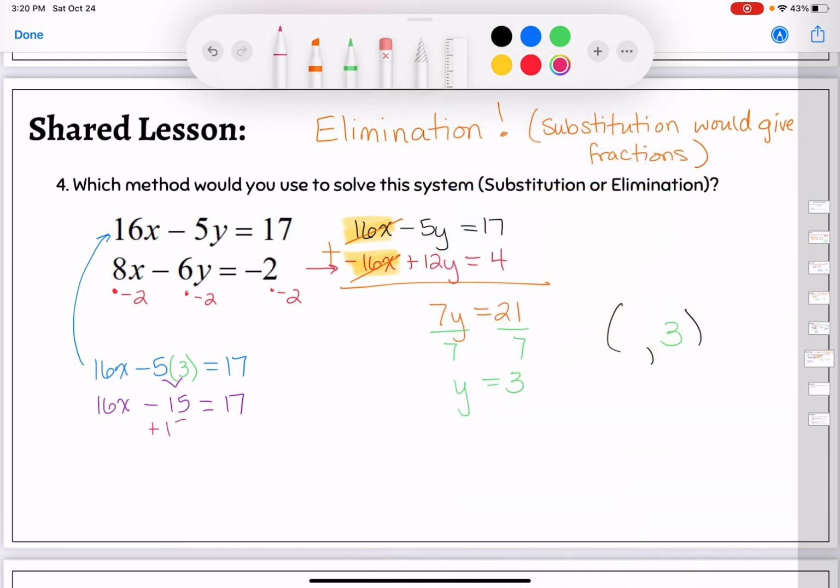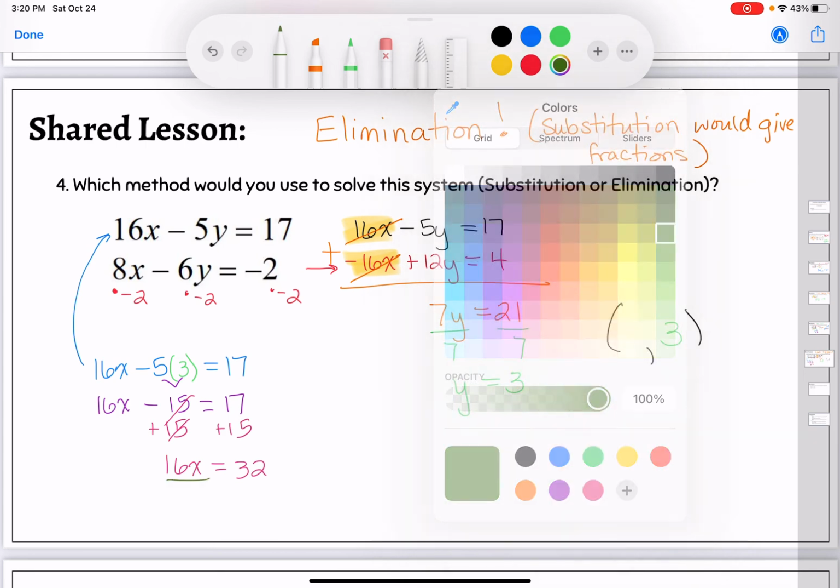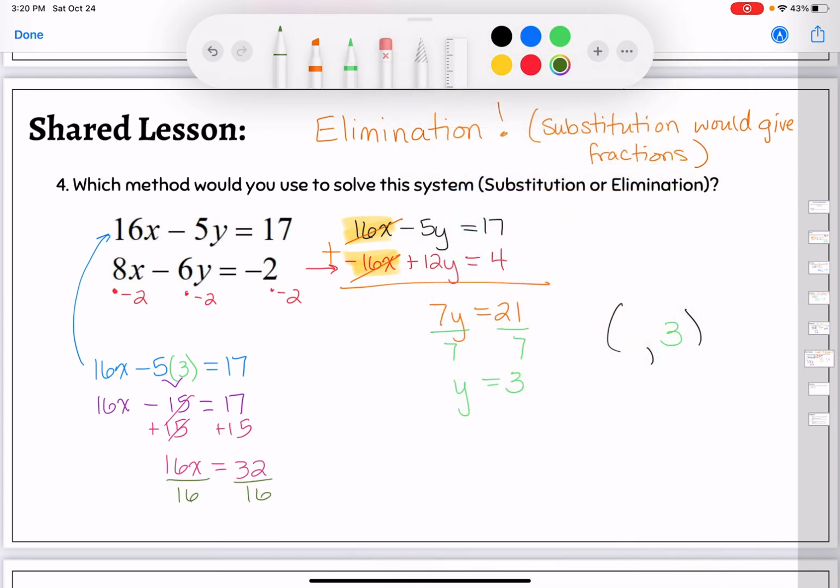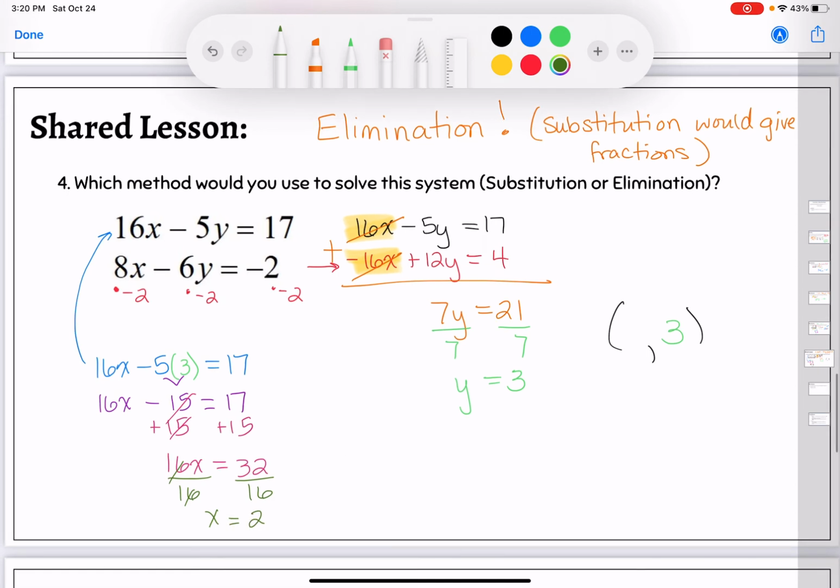I'm going to add 15 to both sides. I get 16x equals 32. Divide both sides by 16, and I get x equals 2. So the point where those two lines intersect is the point 2, 3.